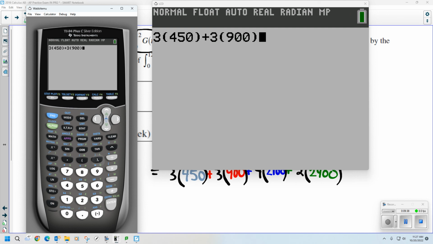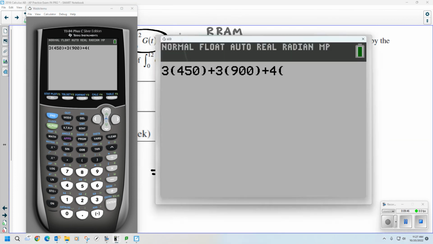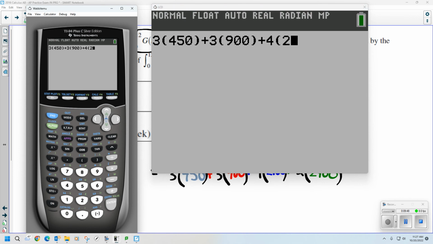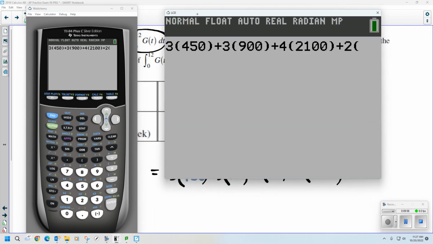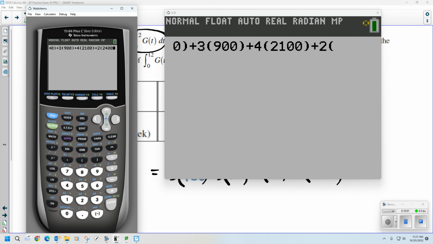Now, the biggest thing is when you're typing into the calculator, and that is plus 4 times 2100. I got to make sure this is right. And make sure you don't accidentally press an extra number, or plus 2 times, is that 2400? It's 2400. Okay, 2400.